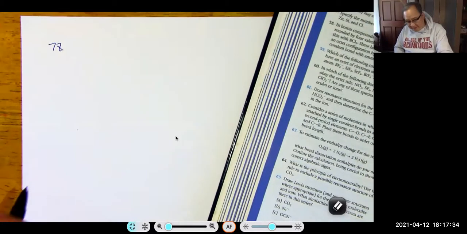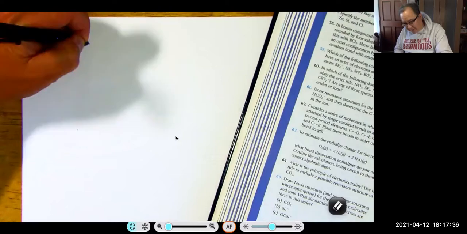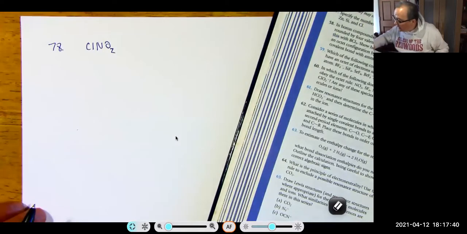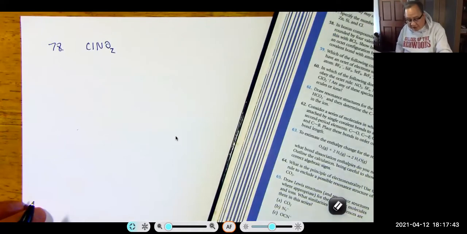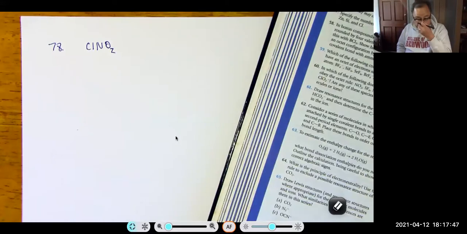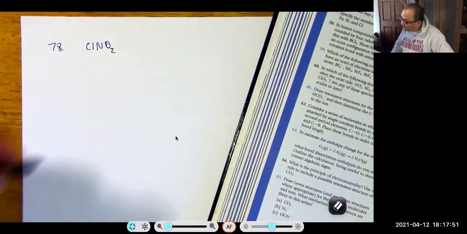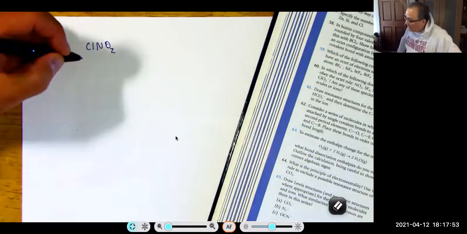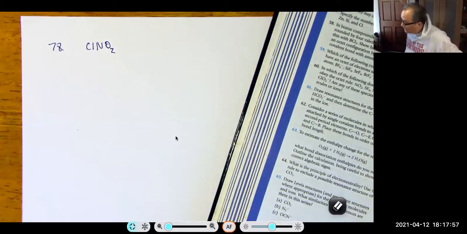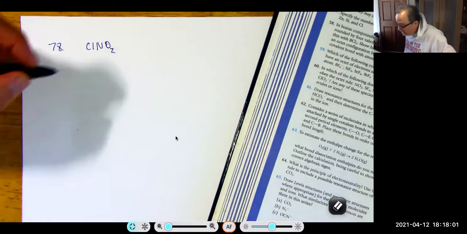Okay, so we have ClNO2, and they say nitrogen is the central atom. That's another reason why when we look at that drawing, the blue one is the central atom, so that has to be nitrogen. Letter E is kind of an interesting question on this one because you can answer it without knowing anything almost.